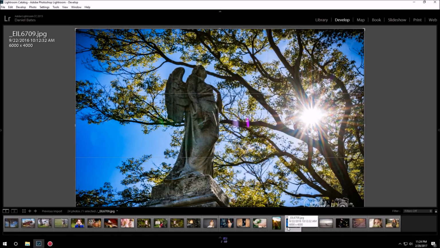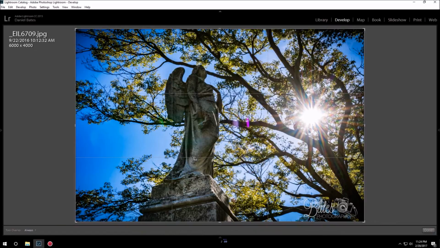Now this isn't a classic you wouldn't see originally. Again, it's our guideline, because you look and you see the statue is a little bit more in the center. The sun is not on a point, but let's look at where the point is. The point is coming into this angel wing of this old beautiful statue at a landmark in Philadelphia, the cemetery where I took this. And if you look here at the top horizontal line, this tree is just this huge canopy over this beautiful old statue.